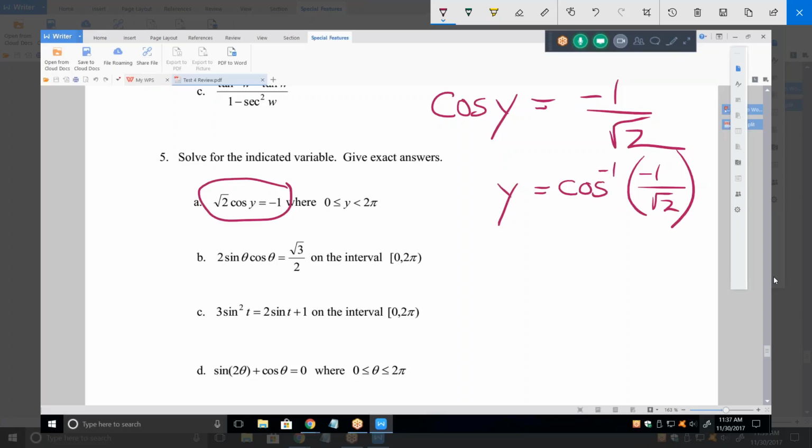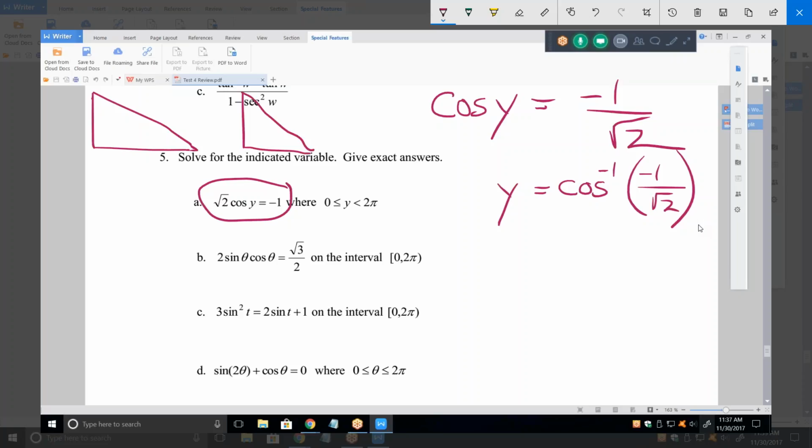First of all, what's the angle? Ignore the negative 1 first. Where is the cosine equal to 1 over root 2? Always look to your basic two triangles.